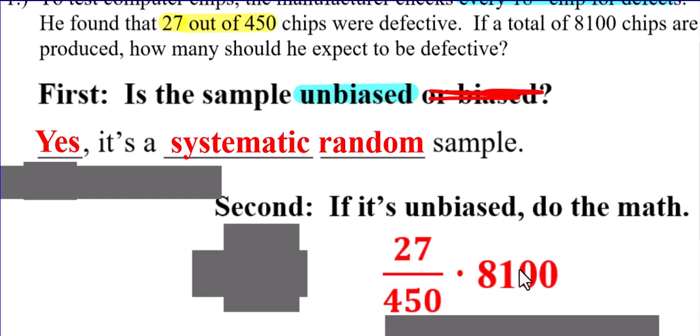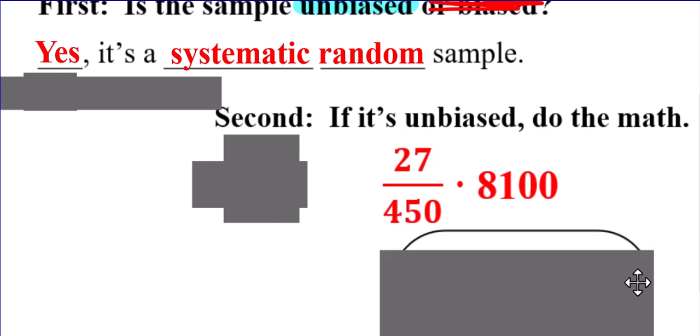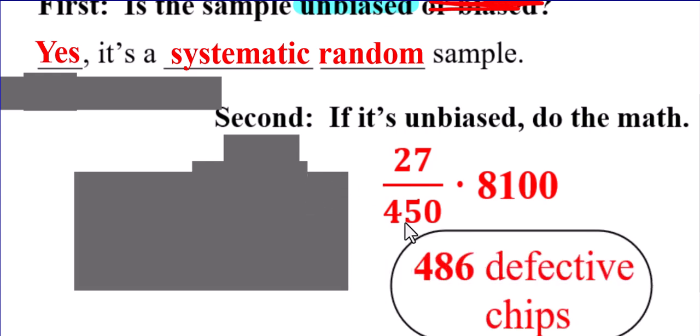So this is very similar to what we've done before. Go ahead and use the fraction key in your calculator, or you could even use a non-fraction key calculator and take 27 divided by 450, and then take that answer times 8,100, and you should get 486 defective chips. Go ahead and write that down.